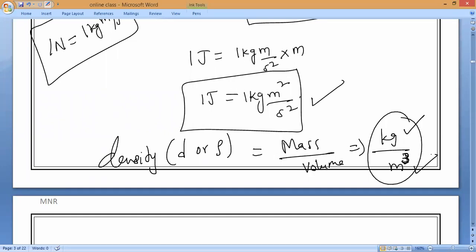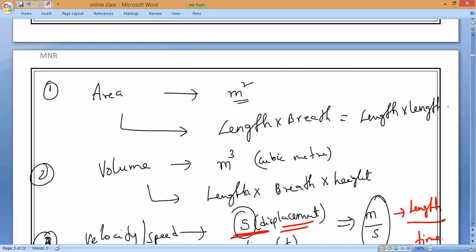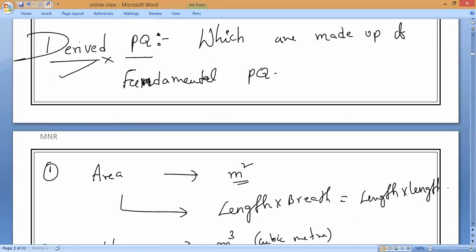Volume means length into width into height, so length. Like that, the quantities which are derived from the fundamental quantities, made up of fundamental quantities, we call derived quantities. Is it okay, everybody?